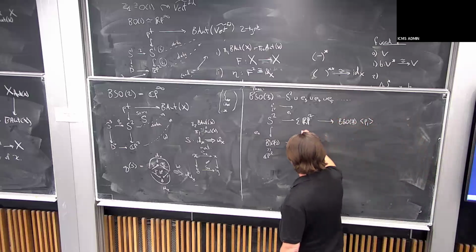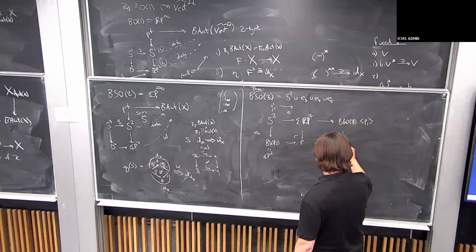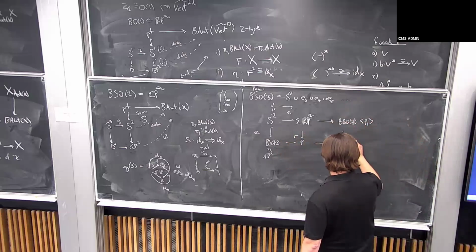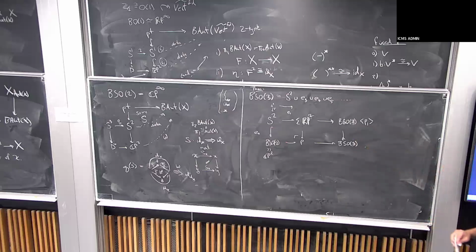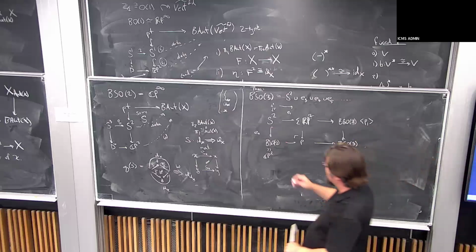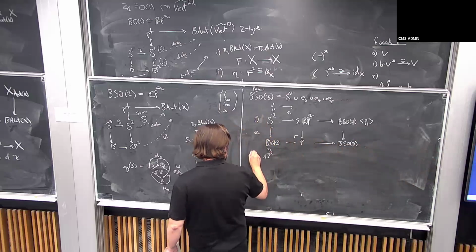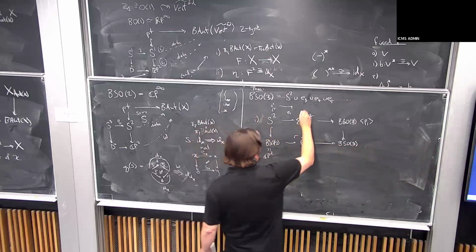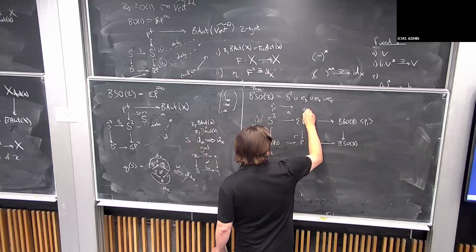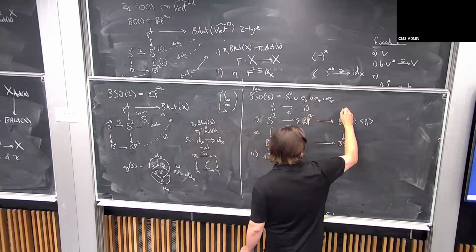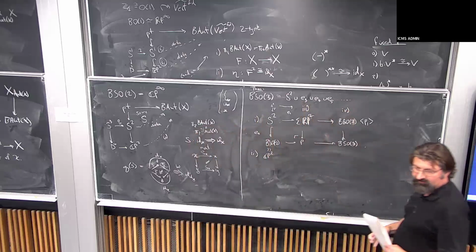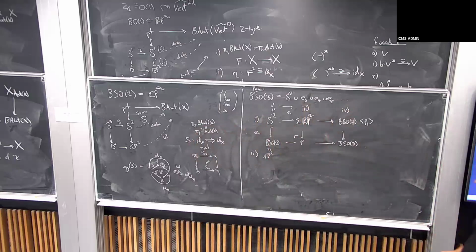And then that's it. The rest is just sort of push outs. As far as the 4 type is concerned, this is essentially BSO3. So if you want to describe an SO3 action, you have these 4 different pieces of data.